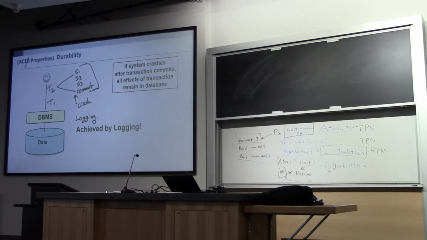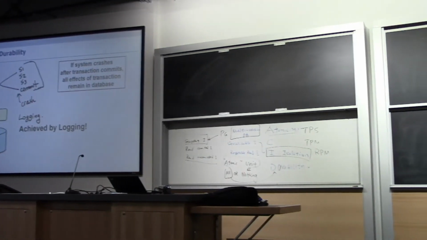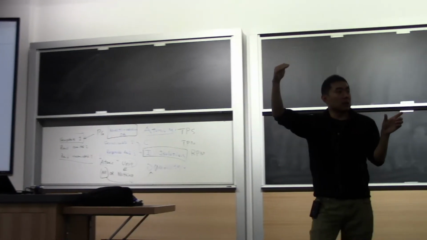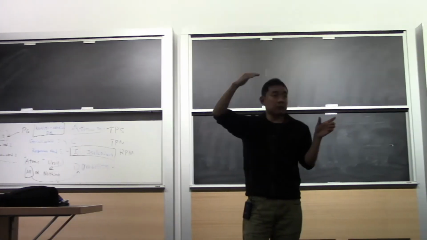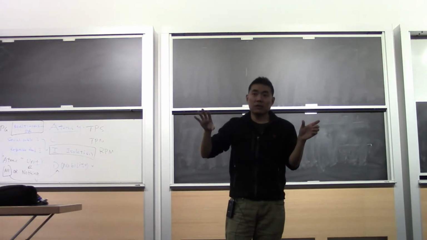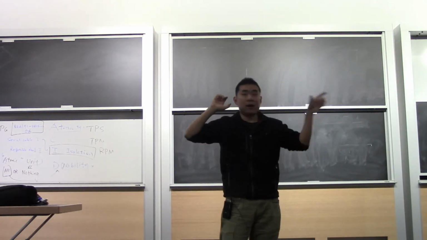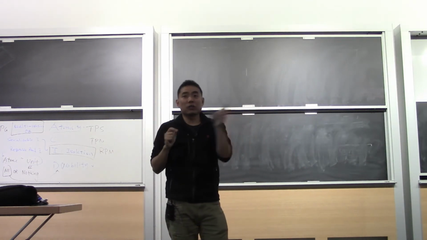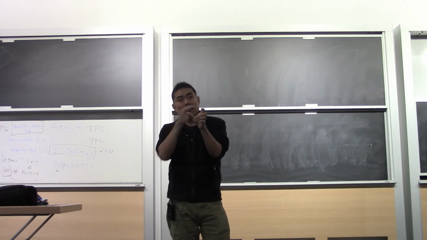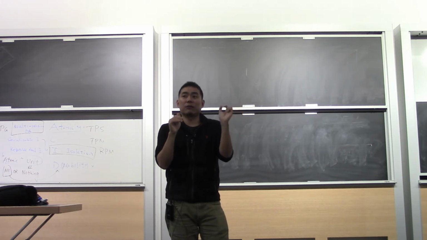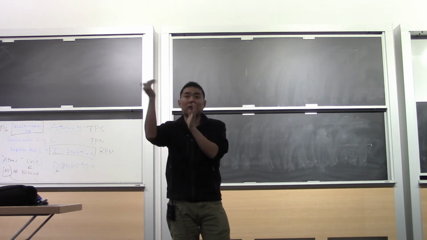I can also, later on, if some updates from a committed transaction are in the buffer but have not been written to disk yet, and the system fails, if I have this journal entry somewhere, I can still reapply this update to set GPA value from 3.0 to 3.5.